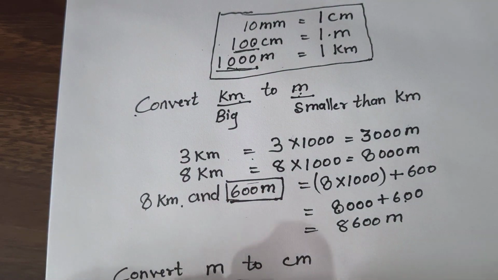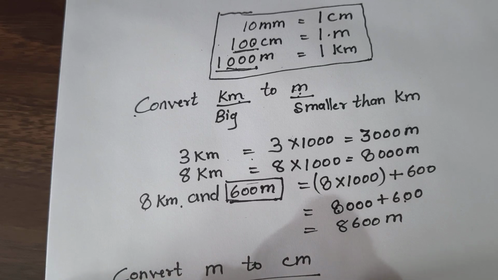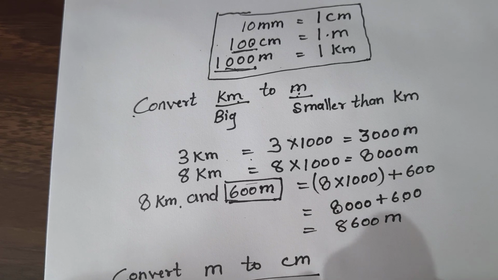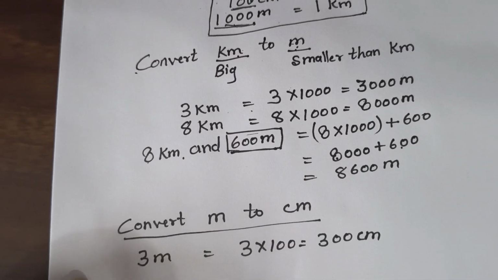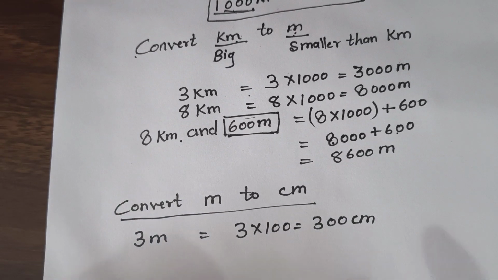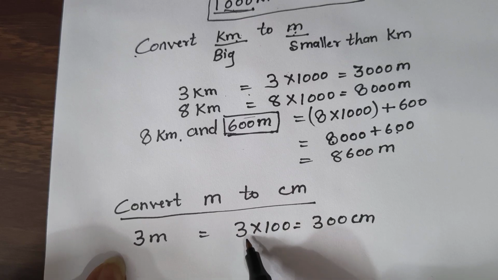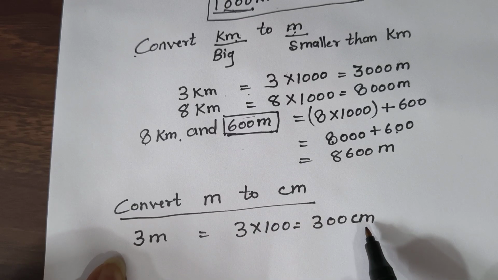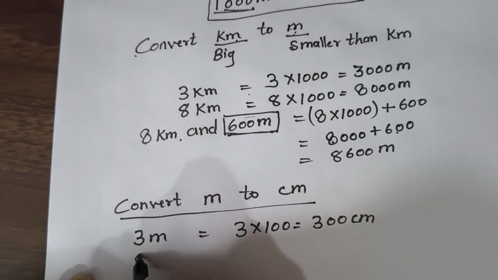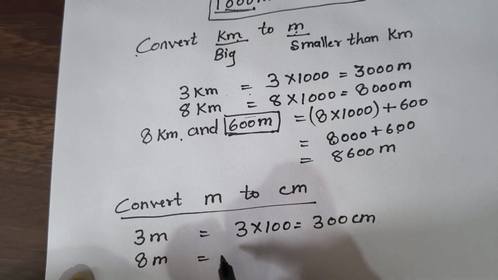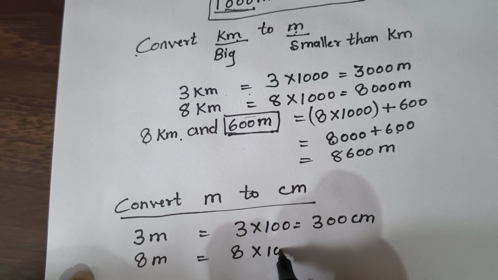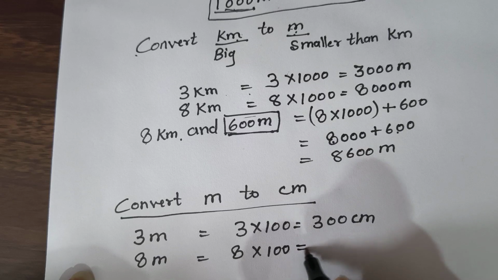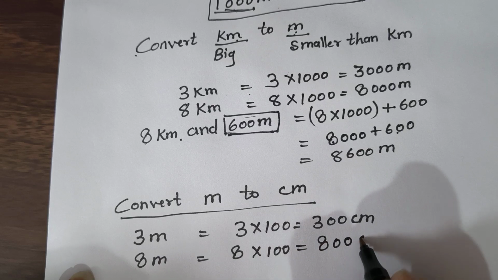Okay, so if you have to convert 3 meter into centimeter, you will write 3 multiplied by 100 is equals to 300 centimeter. 3 meter is equals to 3 into 100, 300 centimeter. 8 meter is equals to 8 into 100 is equals to 800 centimeter.